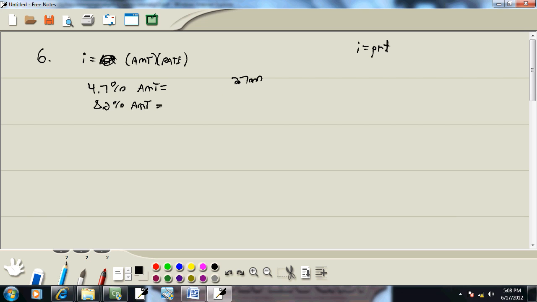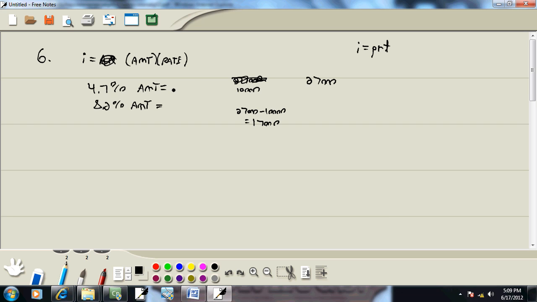Let's pretend that I have 10,000 in the 4.7% amount account. We don't, but let's pretend we do. Well, total amount of money is 27,000, then it has to be 17,000 here. And you think about, how did you get that? Well, you took 27,000 minus the 10,000 in your head, and that gave you your 17,000.